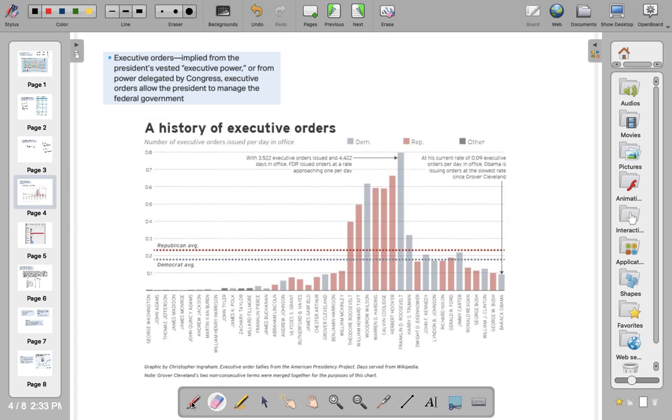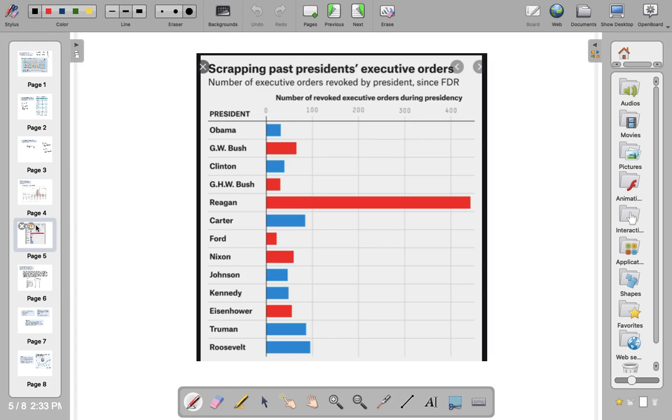All right, moving on. Here are some more executive orders. And I wanted to show you this because I often ask my students, what is the drawback of an executive order? It seems like it's all upside. The president can write this executive order that has the force of a law without the agreement of Congress.